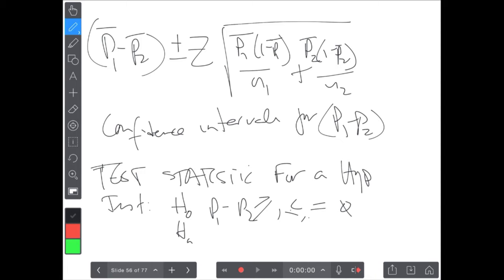If that's the case, then our alternate hypothesis would be p1 minus p2 is less than, or greater than, or not equal to 0. All right? So those would be the options for your alternate hypothesis.